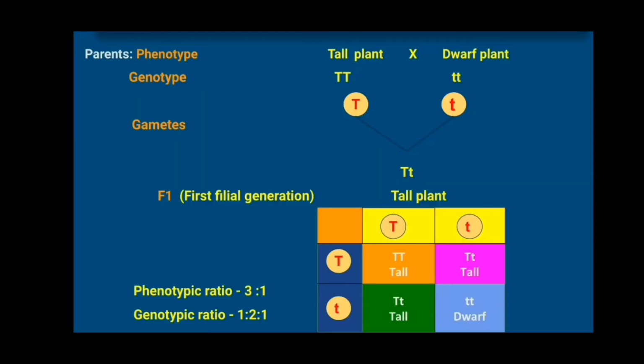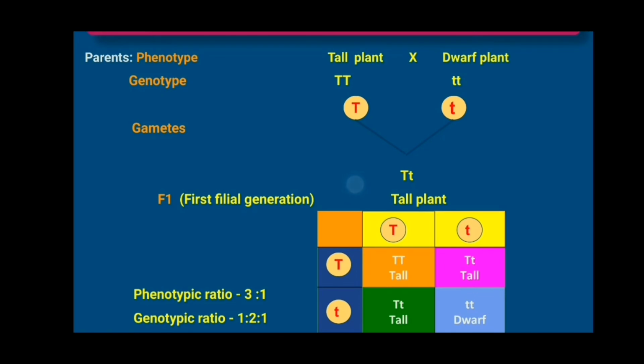So let us wind up here. The monohybrid cross is a cross which involve one character at a time. Here, for example, a tall plant is crossed with a dwarf plant. A homozygous tall plant is crossed with a homozygous dwarf plant. The phenotype is tall versus dwarf. Genotype is capital T for tall plant, then small t for dwarf plant.